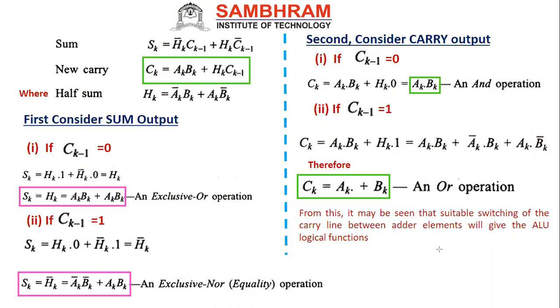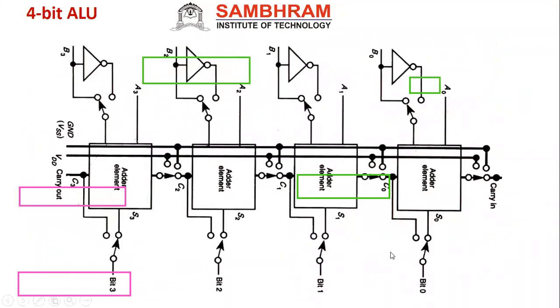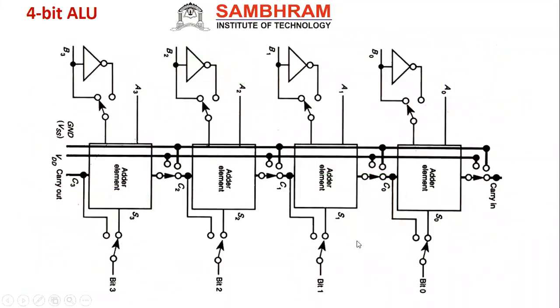So now let us go for that implementation. Okay, now this is our implementation. Yes, 4-bit ALU. You see in this we gave the input as A here. Now let me give the inputs.